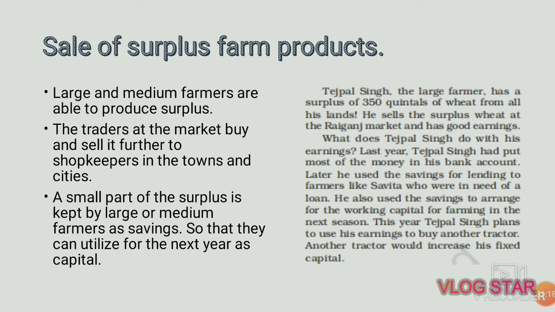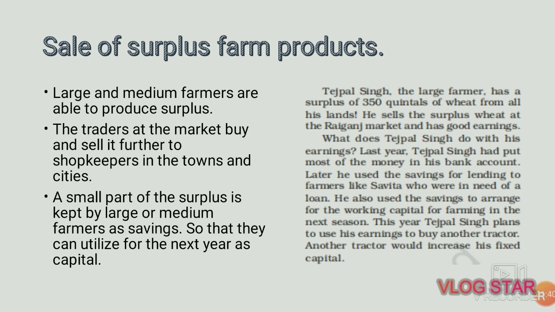So whatever products they sell into the market, the money that they receive, they either keep in the bank or they give as loan to the small farmers for the cultivation, or they keep that money for future use or buying the capital.